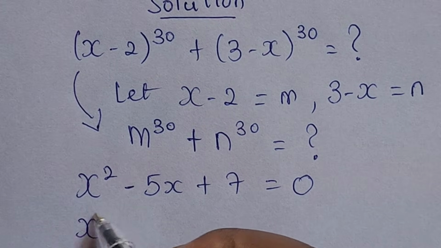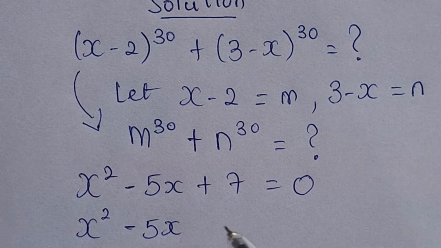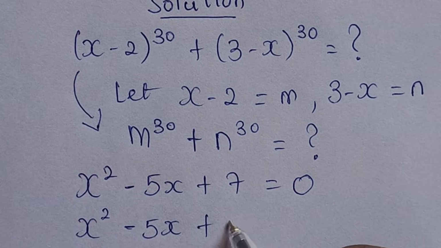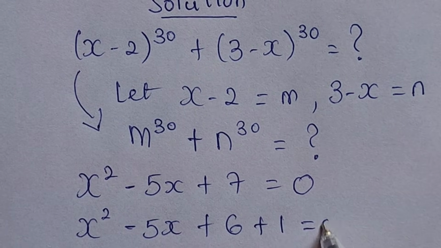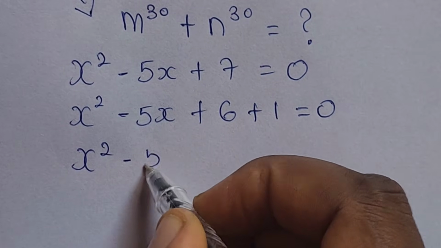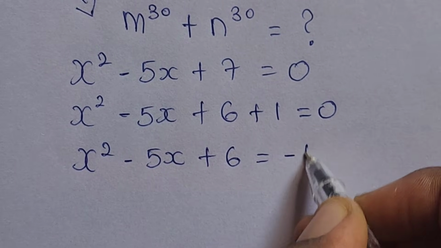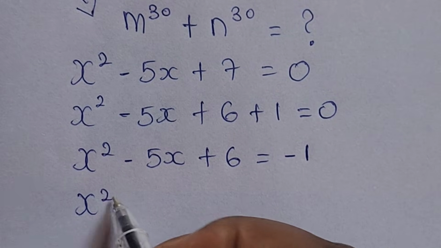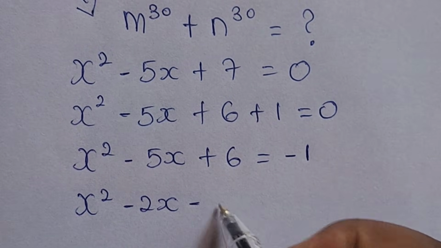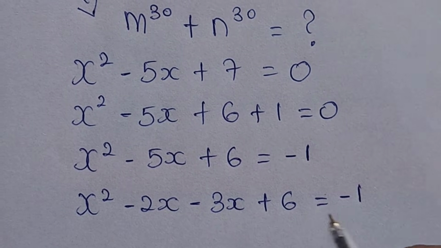We can split our 7 into 6 plus 1, so we have x squared minus 5x plus 6 equal to minus 1. When we split our minus 5x, we have x squared minus 2x minus 3x plus 6 equal to minus 1.